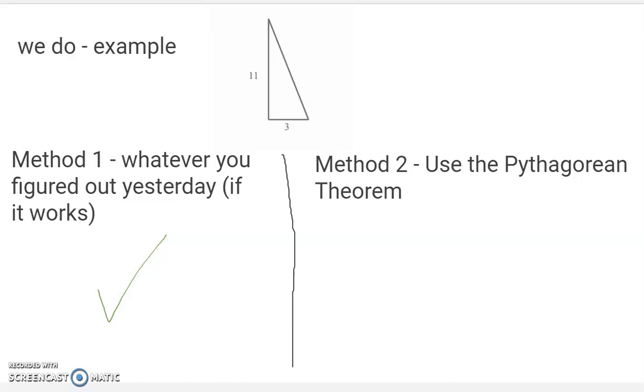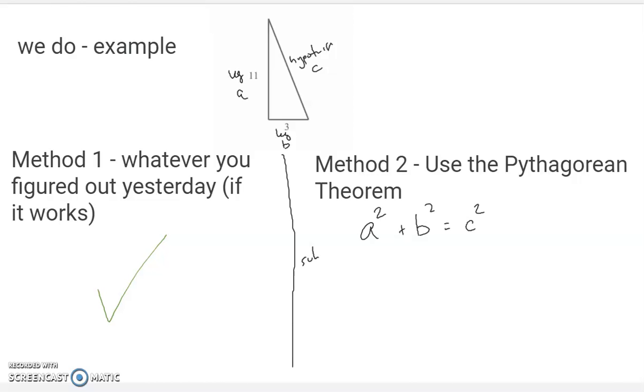So remember, this will be a leg, this will be a leg, and this will be a hypotenuse. And we usually call the legs A and B, and the hypotenuse C. So the official theorem is A squared plus B squared equals C squared. And again, that looks super complicated because there's 3 variables in it. But you know 2 of them.